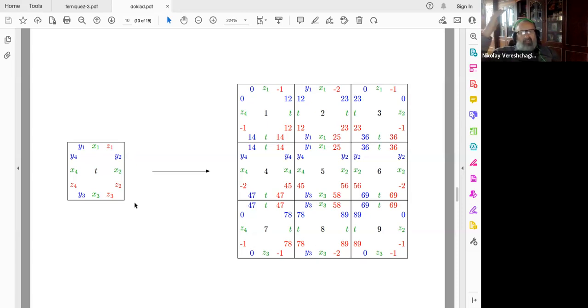Let's use the following definition. Two tiles are similar if they have the same global contour. That means that all blue and green indices are the same on all the sides.